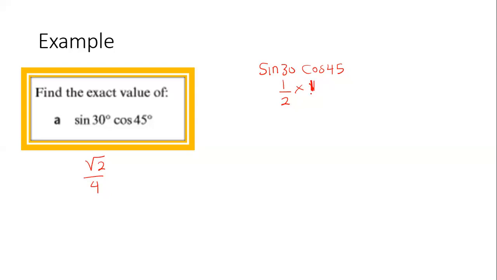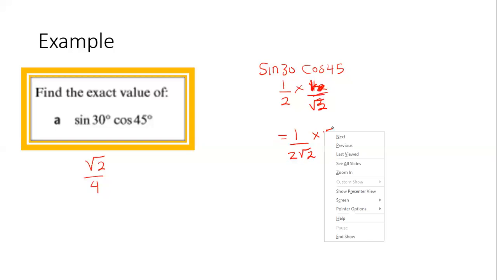Okay, 1 out of root 2. So we shall have 1 out of 2 root of 2. Now, once you reach here, you can rationalize and you say, this is root of 2 out of root of 2. In other words, it is always better to have your root in the numerator than having it in the denominator.